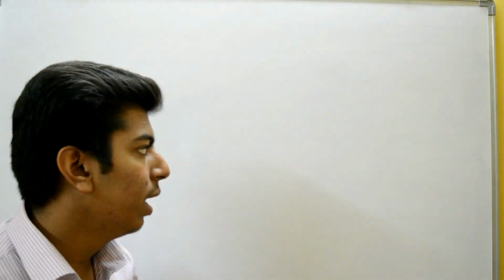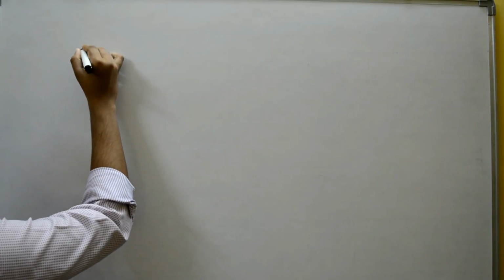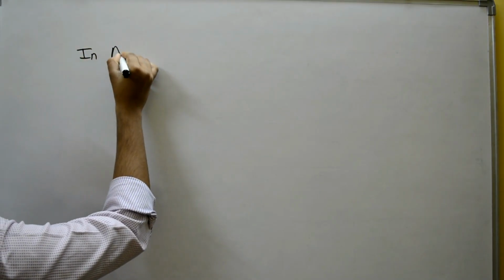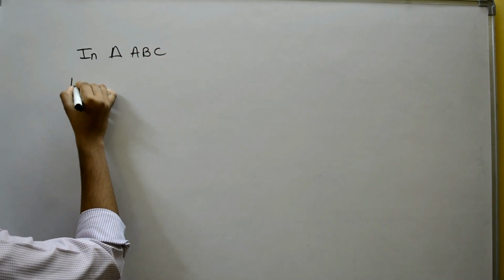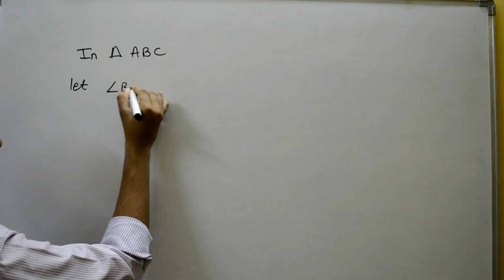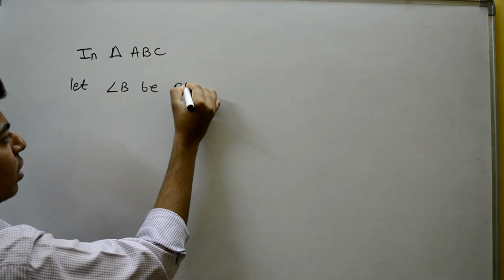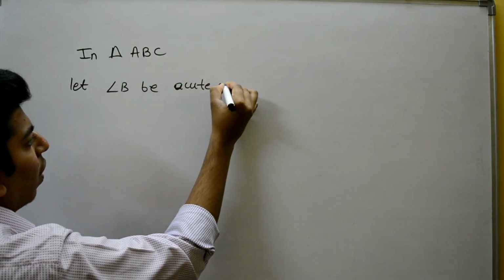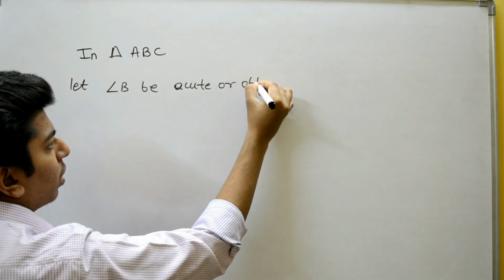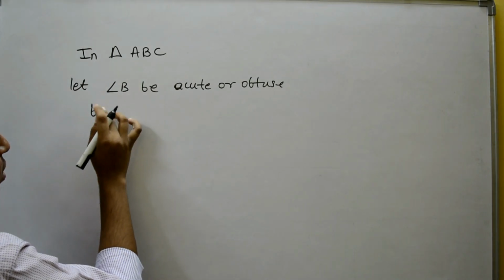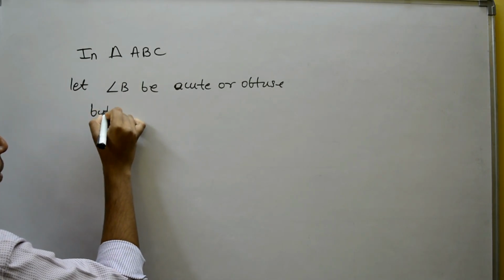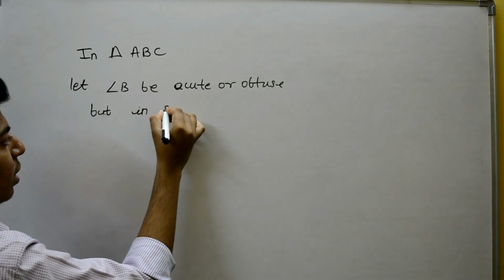So the proof for the cosine rule is: consider a triangle ABC, and let angle B be acute or obtuse, but in standard position.